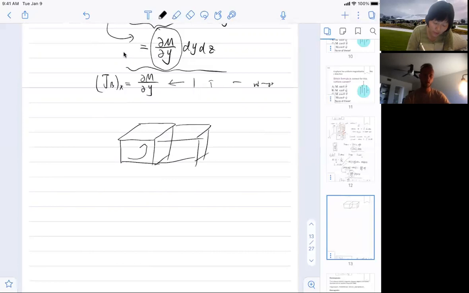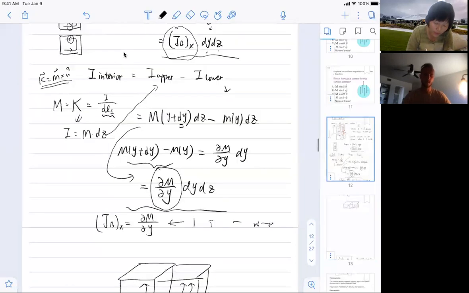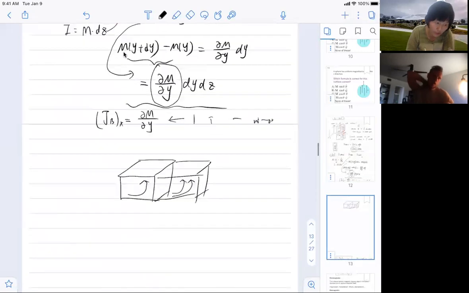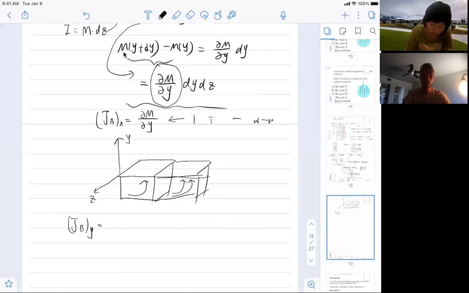Again, it does not cancel. The one on the right is a little bit bigger, just like how we did it here. The top one is stronger here, the one to the right is stronger. Then we can write the bound current that is in the y direction. Because that is z, this is y, this is x.